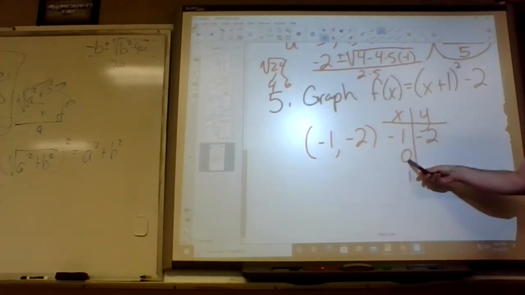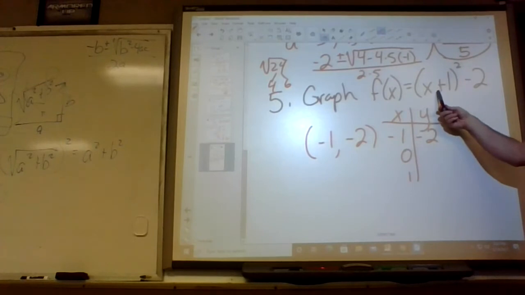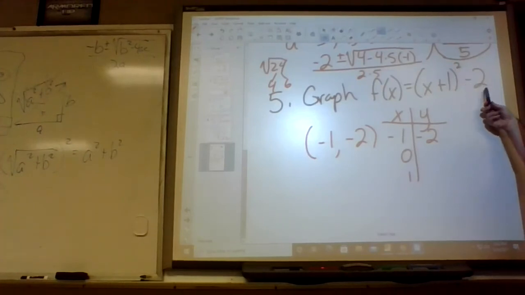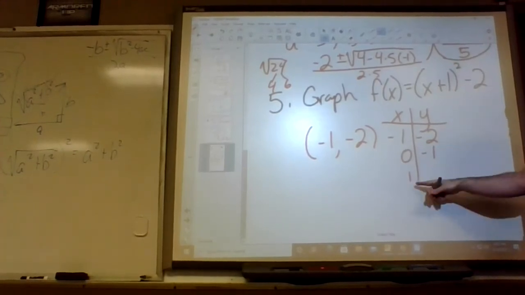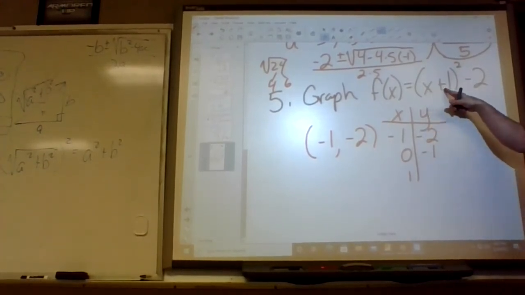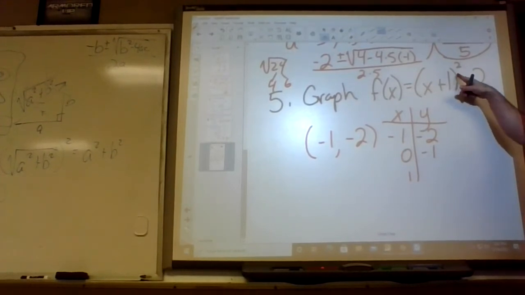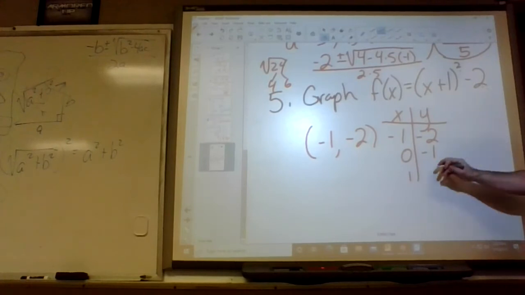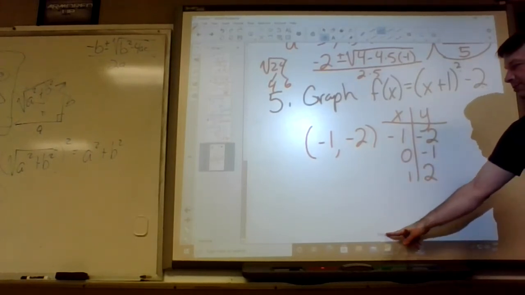If I plug in 0, 0 plus 1 is 1, squared is 1, minus 2 is negative 1. If I plug in 1, 1 plus 1 is 2, 2 squared is 4, 4 minus 2 is 2. And that's really all you need.